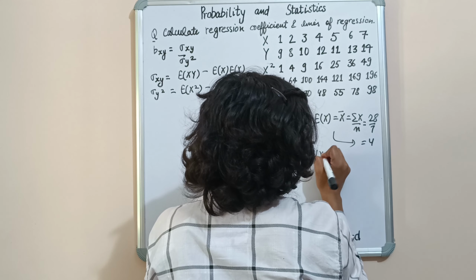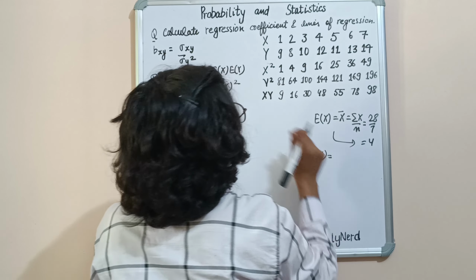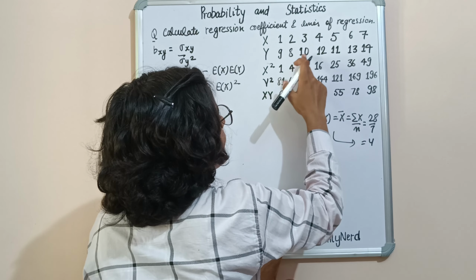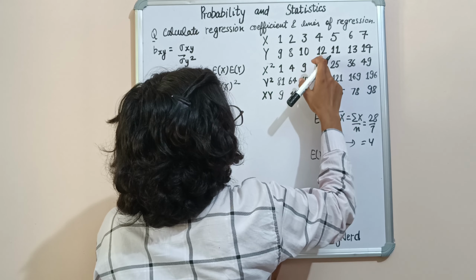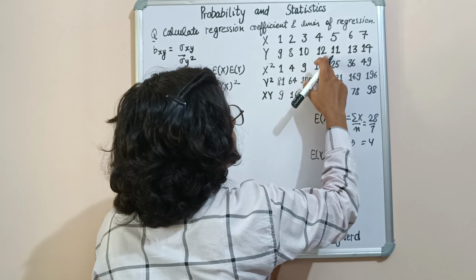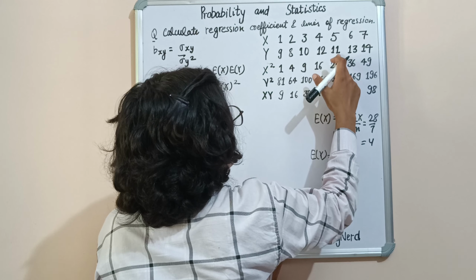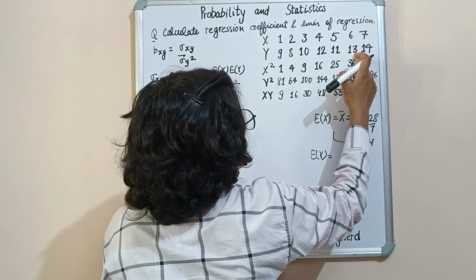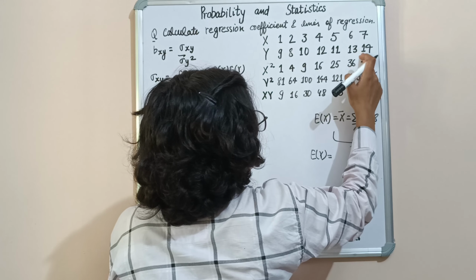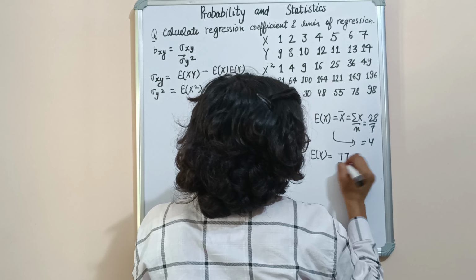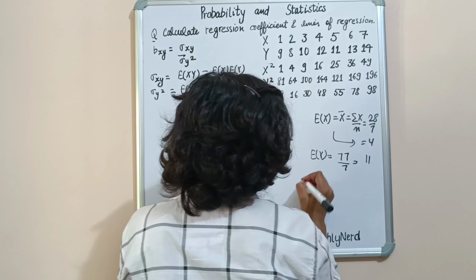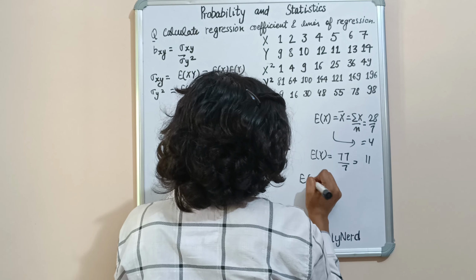Ey: 9, 17, 27, 39, 50, 63 and 77 by 7 is 11. Ex square.